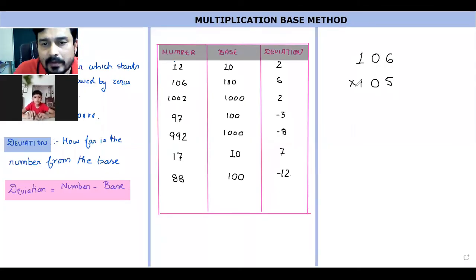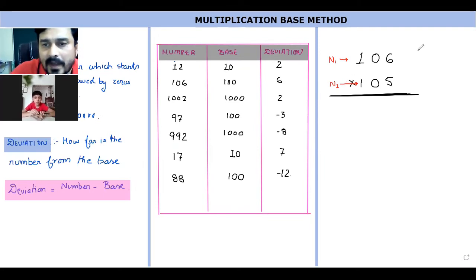Let us multiply two numbers which are closer to the same base. Here I will name them number 1 and number 2.